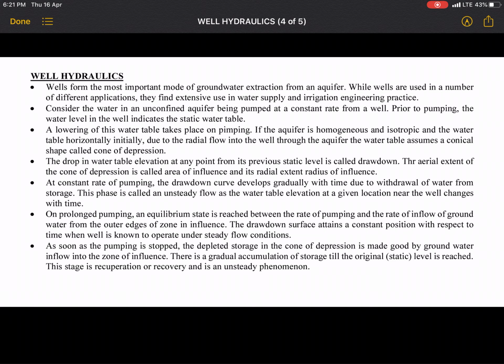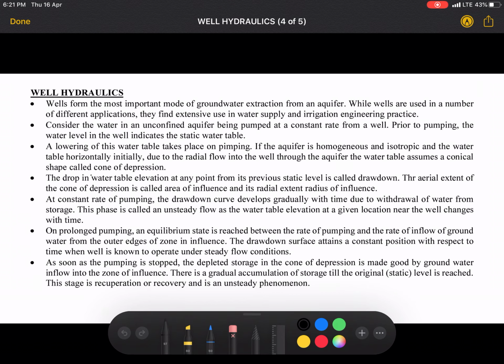The water table will assume a conical shape due to the radial flow into the well through the aquifer, called the cone of depression. Here it is, the cone of depression. On prolonged pumping, an equilibrium state is reached between the rate of pumping and the rate of inflow of groundwater from the outer edge of the zone of influence.